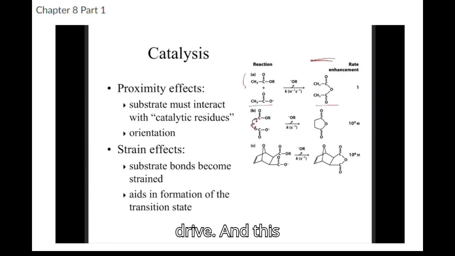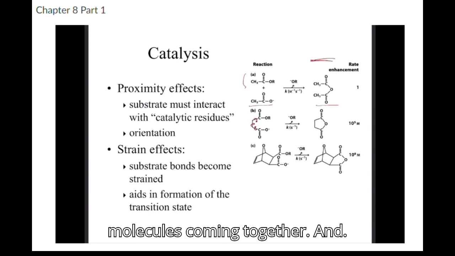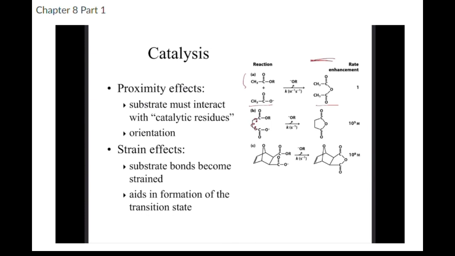This relied upon the two molecules coming together in the right orientation such that this oxygen here was attacking that carbon. The likelihood of that happening is somewhat low unless you have an incredibly high concentration of the substrates.